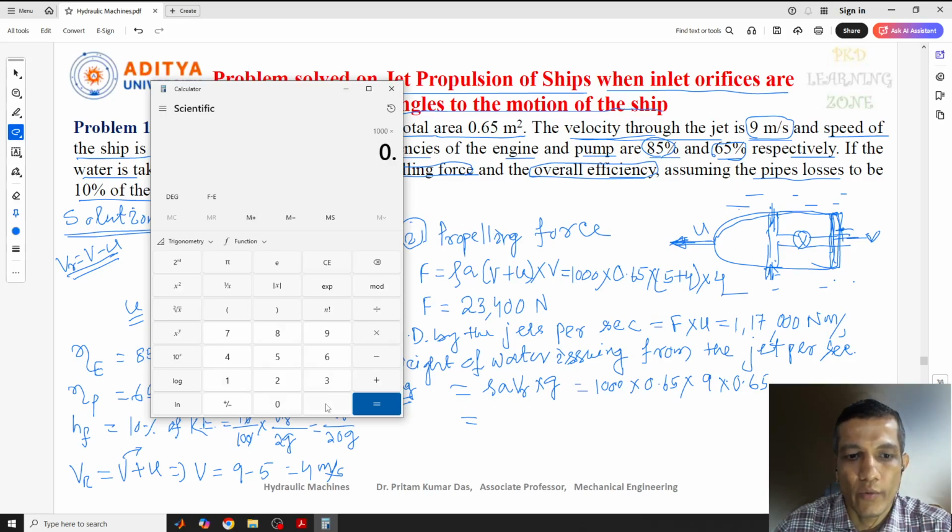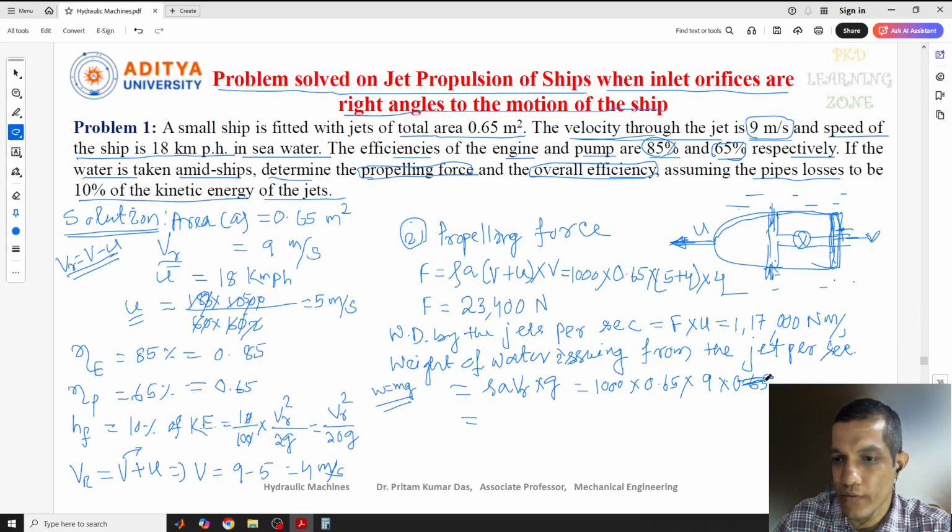This is 1000 into 0.65 into 9 into g, where g is 9.81. So finally we got 57,388.5. This is the weight per second. Up to this we have found the weight per second, the work done, and the force.